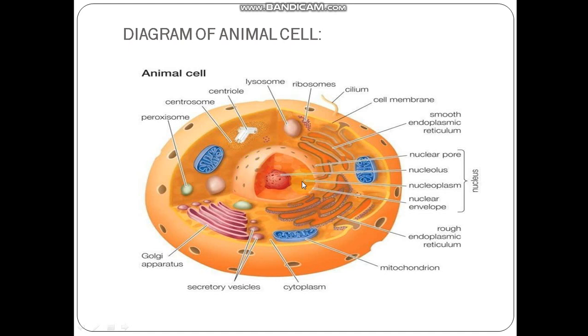This one is the nucleoplasm. All the gelatinous material is called nucleoplasm. In the nucleoplasm, a thread-like chromatin network is found. Nucleoplasm contains thread-like structures and the nucleoli. You see here, this is the nucleolus. The network is called the chromatin network.